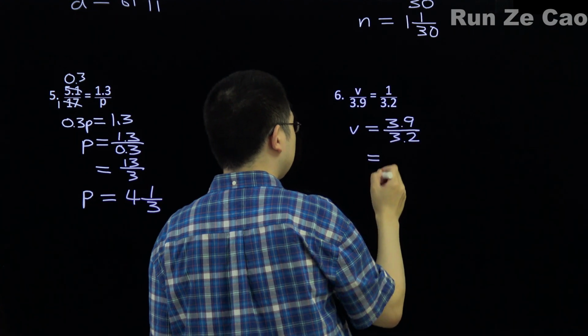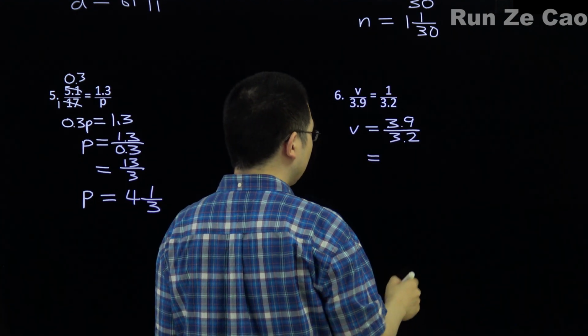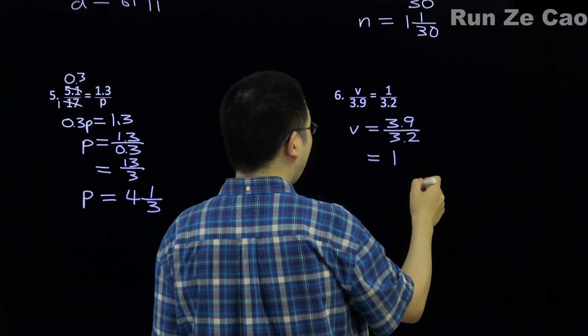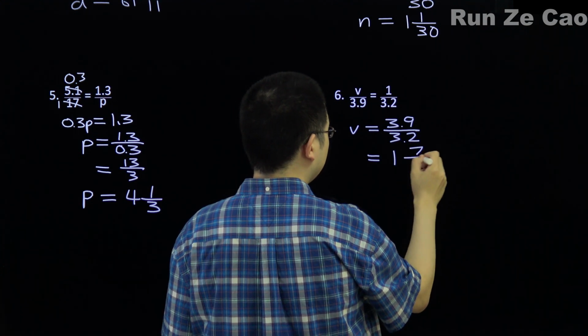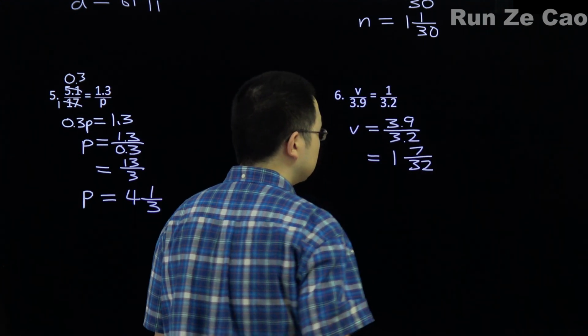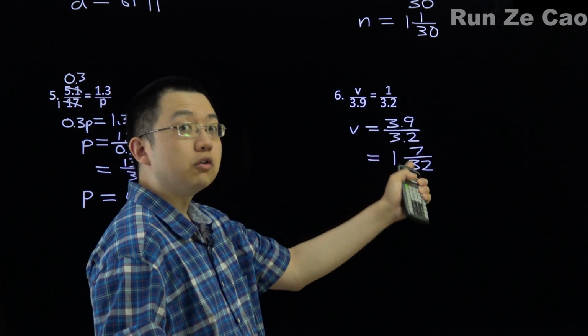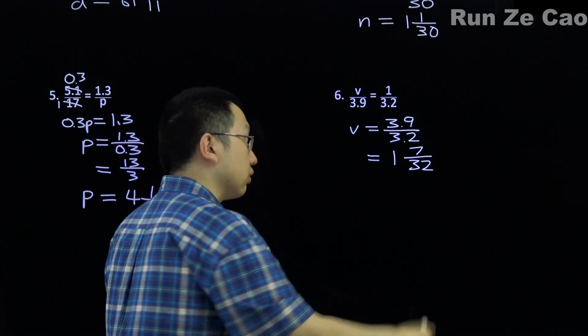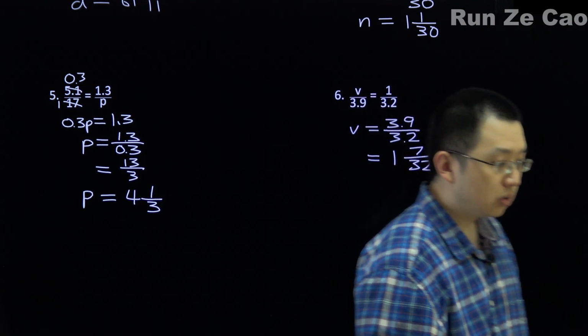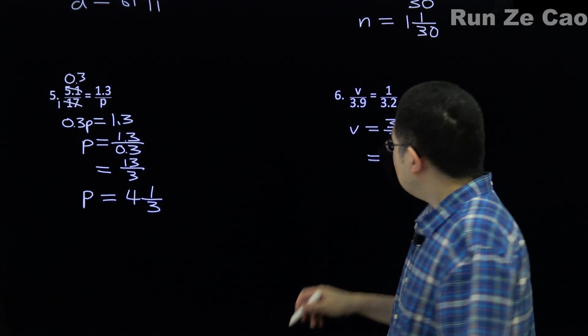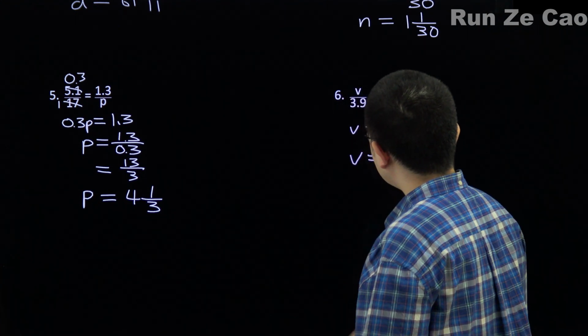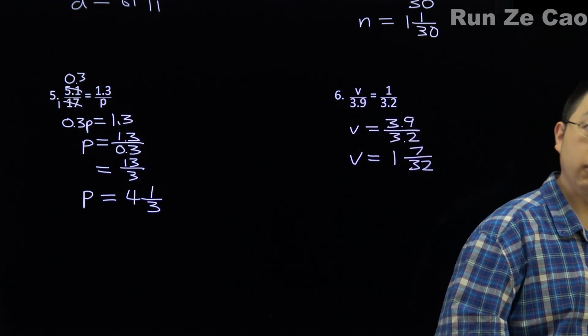If you like, you can rearrange this to 39 over 32, or you can just go straight to 1 and then 7 over 32. Because you're going to end up with 0.7 left over 3.2, so you might as well just write 7 over 32. Right, a lot of teachers like it when you do this, so there we go.